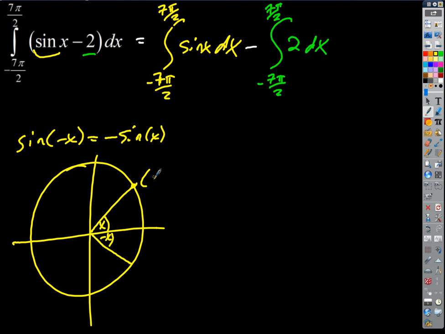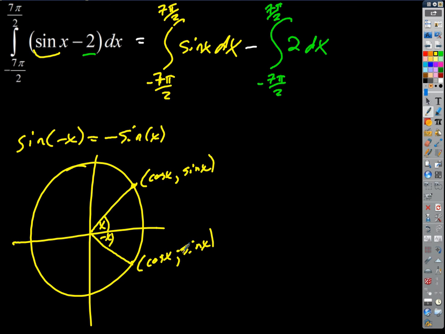Well, the coordinates are going to be positive cosine x, positive sine x. What are they going to be here? I'm still going to go cosine x to the right, but I'm going to go sine x down. Negative sine x. So you can see that, yeah, it's an odd function, right?